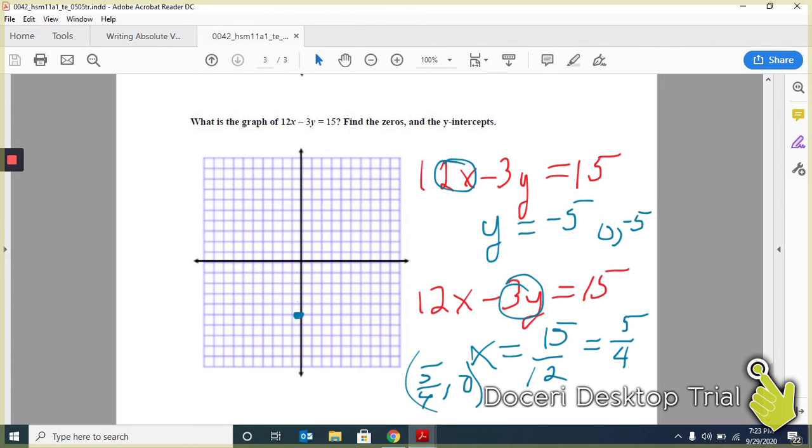It's basically a little bit past 1. It's about right there. So it's not going to be perfect, but it looks something like that again. Anyway, but that's how you do it.